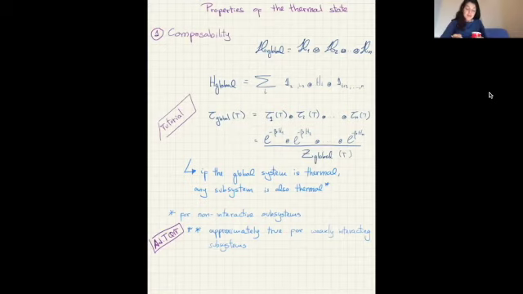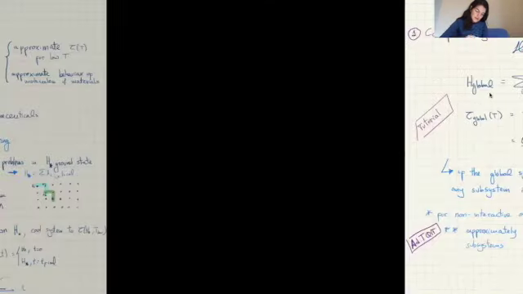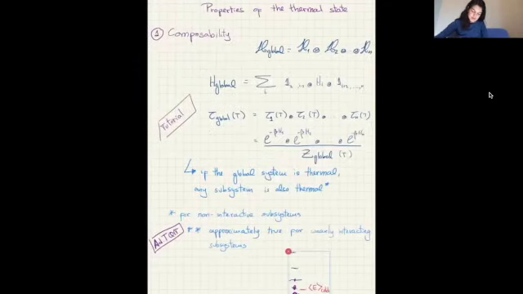Okay. So it's actually a bit stronger than this. If the global system is thermal and it's non-interacting between subsystems, then any subsystem is also thermal. Another even stronger property is that if I take any kind of subspace, so if I consider only two of these levels, then the ratio of the population of the two levels is still going to give me a thermal state.